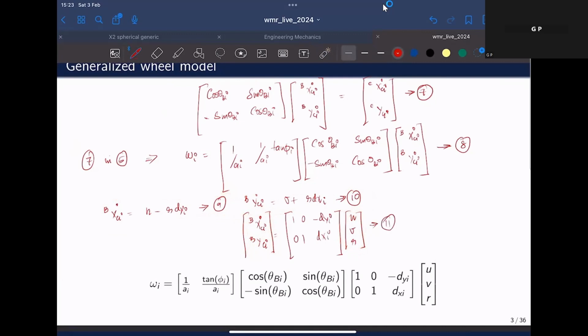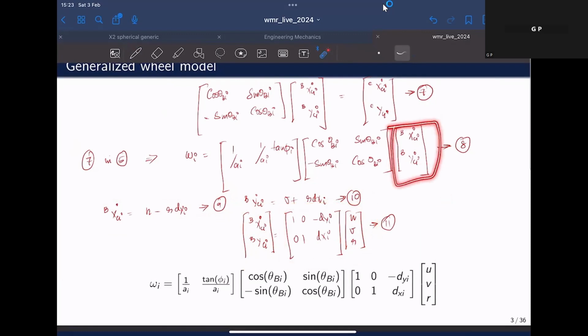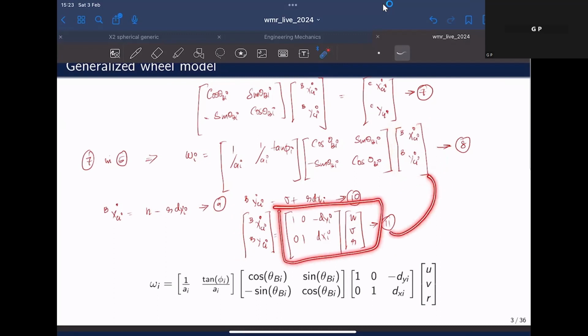Right? If you substitute this vector onto equation 8 over here, you have to post multiply these two vectors. You have to replace this vector by these two vectors.